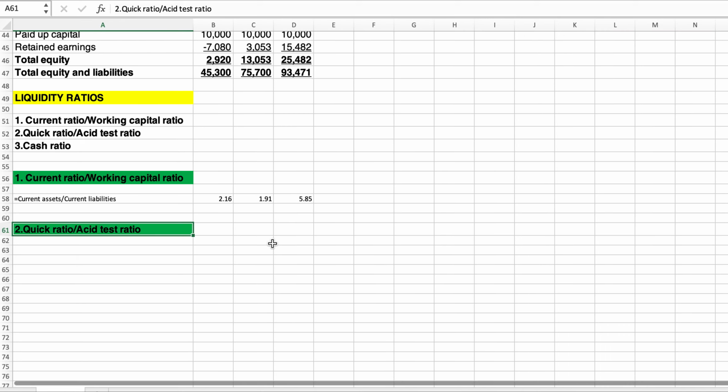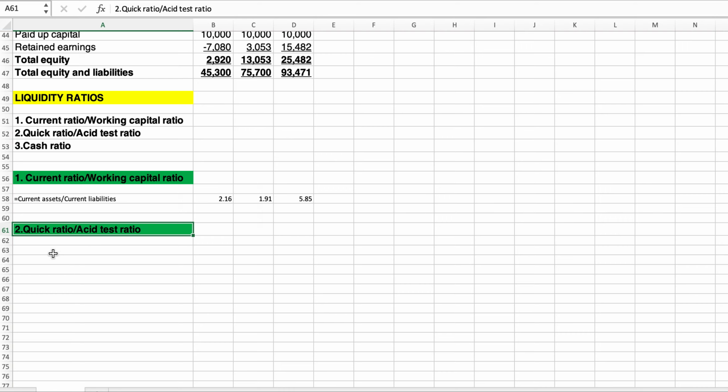A quick ratio is also known as acid test ratio, and the formula for quick ratio is equal to current assets minus inventory, divided by current liabilities.